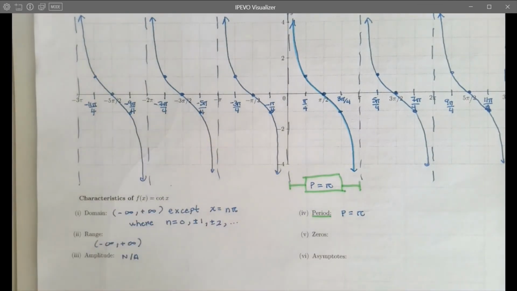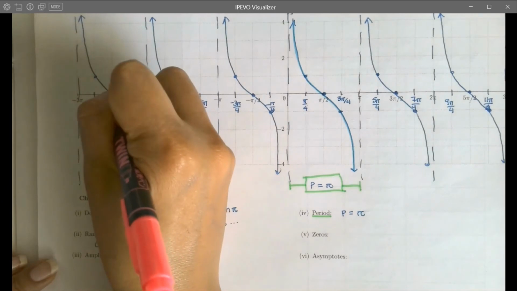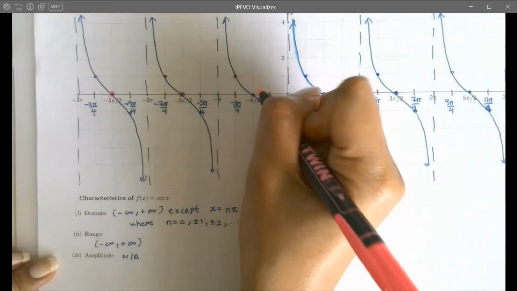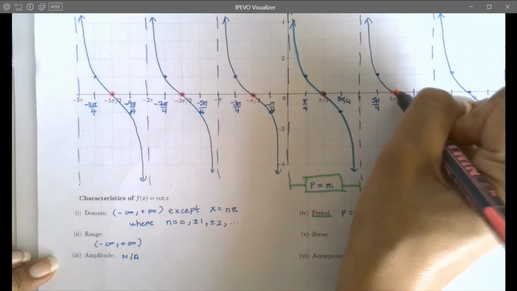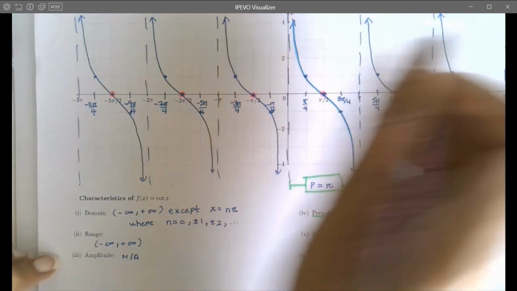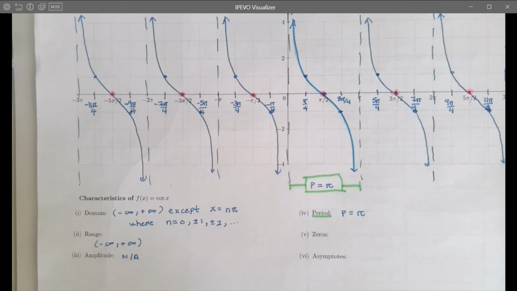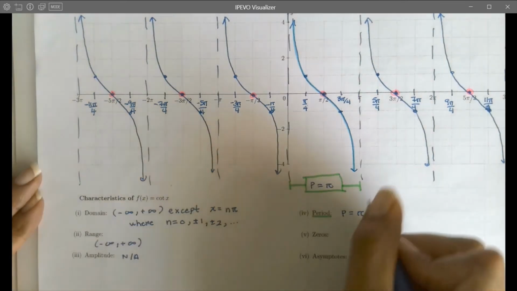Okay, what about zeros? Where does the graph touch the x-axis? Well, that happens at -5 pi over 2, -3 pi over 2, -pi over 2, pi over 2, and so forth. So the pattern that they all have in common is that they are odd multiples of pi over 2.